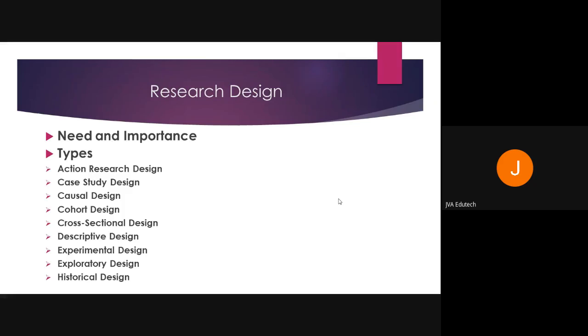Then comes the exploratory and the descriptive design. See, when you are unaware of the characteristics of the population and you want to know the characteristics of the population, that what exactly the population is, what is their characteristic, you have research questions like what it is. So this is called exploratory design.